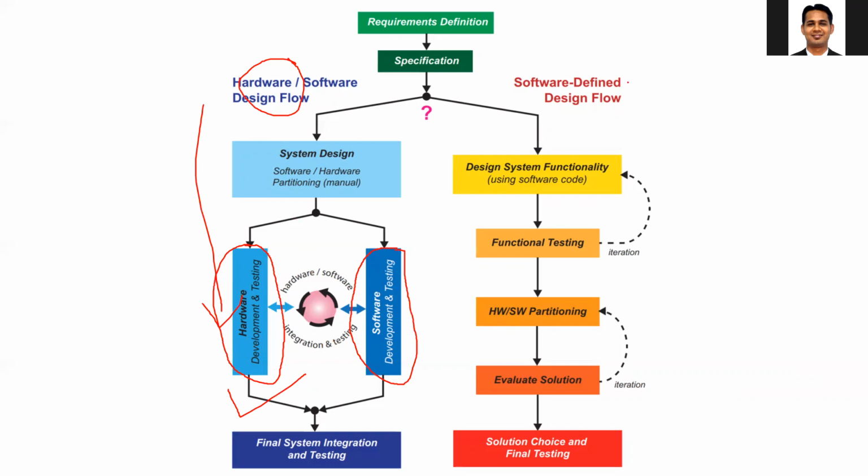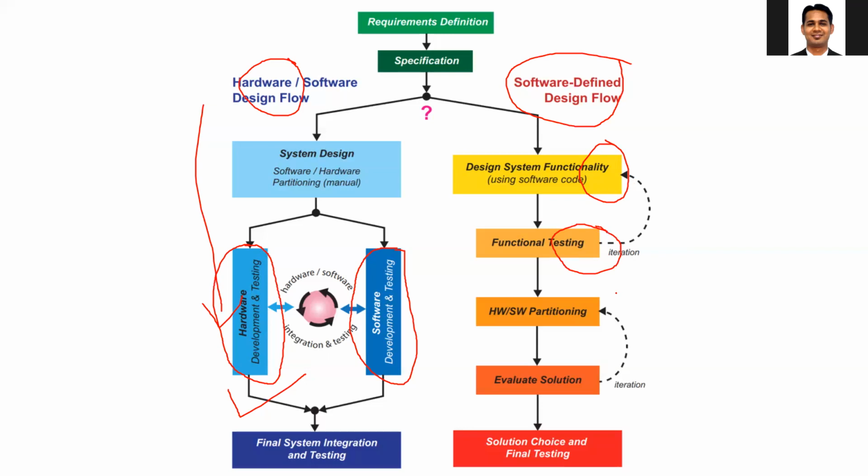On the other hand, there is the software defined design flow, where we use the SDSoC. In the SDSoC, you basically write a simple C code. You check the functionality of the C code. After the functional testing, you decide which part of your C code is to be mapped on the hardware.